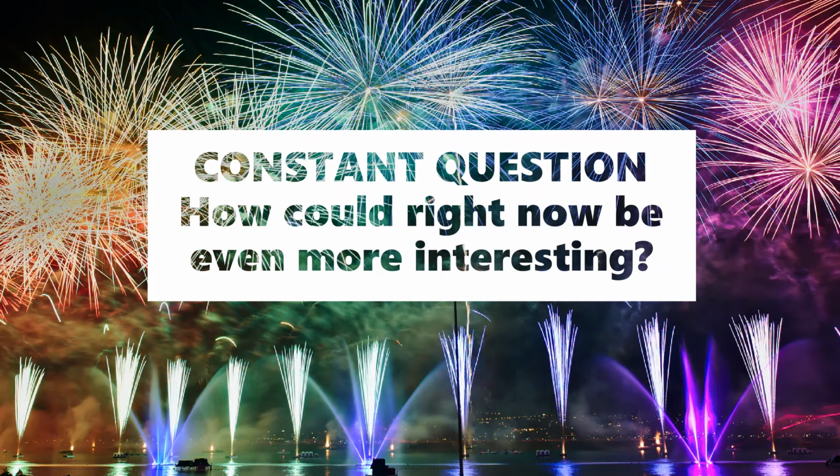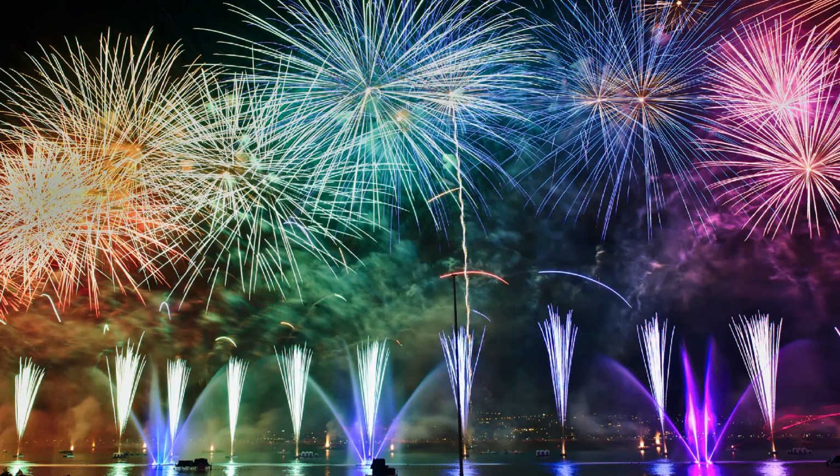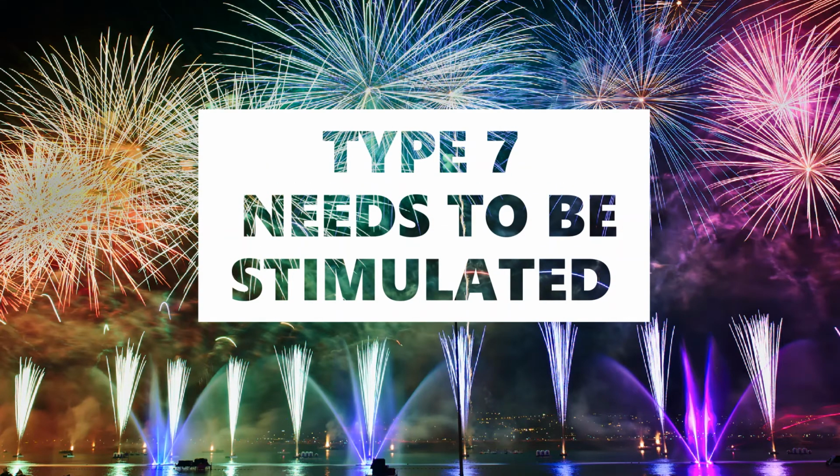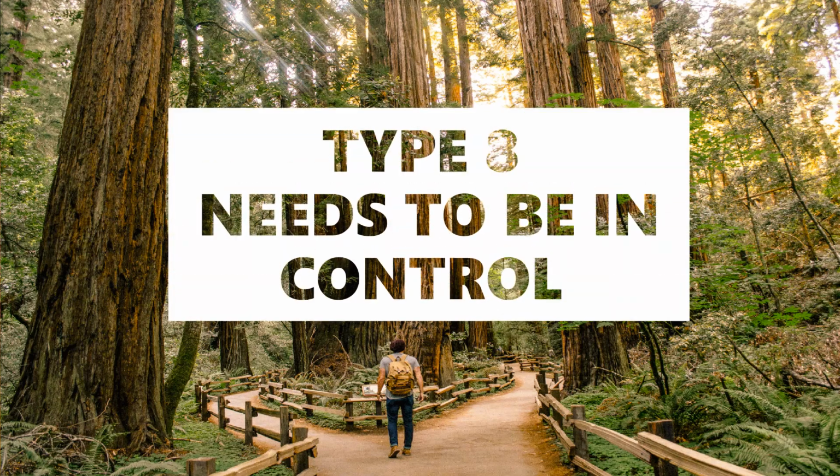We just want to make sure that things are as stimulating as possible. So the constant question is, how could right now be even more interesting? And why are they asking themselves that? Well, it's because they desire for everything to be new, exciting, and interesting. And why? Well, it's because they have this need to be stimulated, to have their attention taken by what it is they're doing.